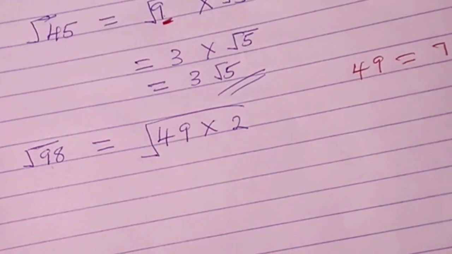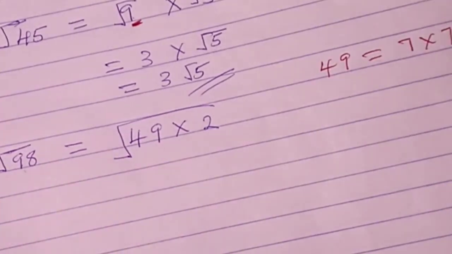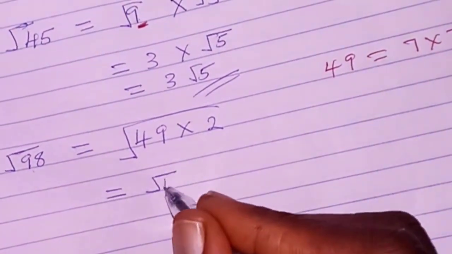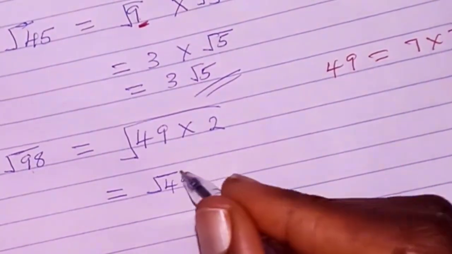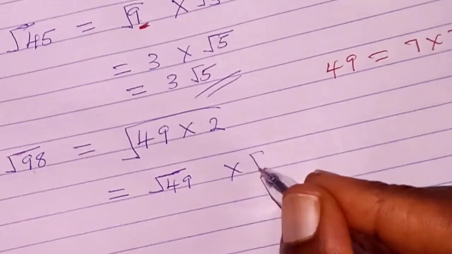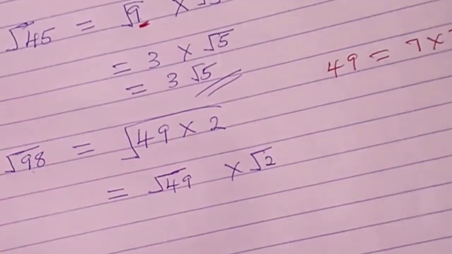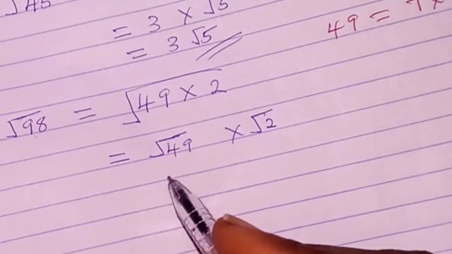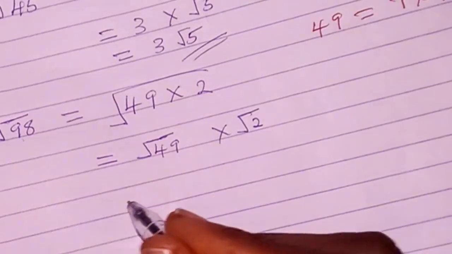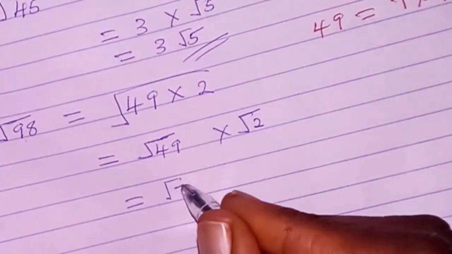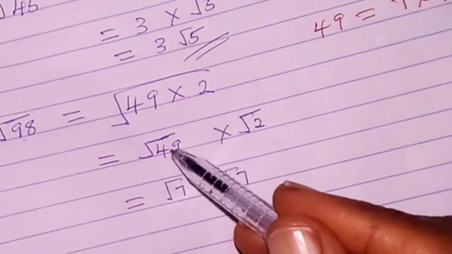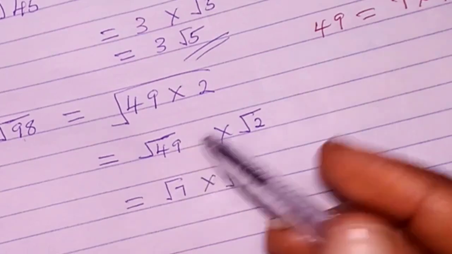So I can simplify this further. This is what we have: root 49 multiplied by root 2. Root 49 is root 7 times root 7. That is, root 7 multiplied by root 7 gives us 49.